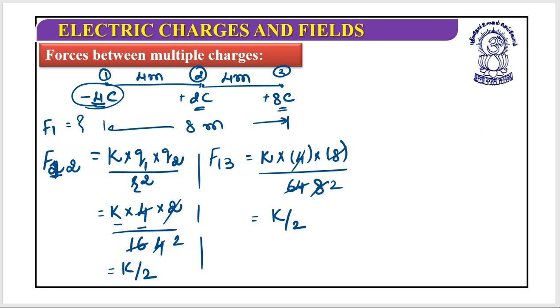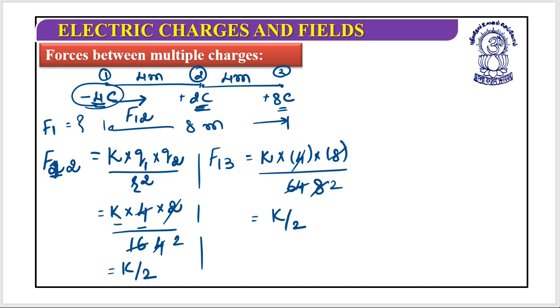This is minus 4, this is plus 2. One charge is negative, one charge is positive. Will they attract or repel? Yes, you are correct. They will attract each other. So 2 coulomb will ask minus 4 coulomb to move towards it. This is the direction of force on the first due to the second.